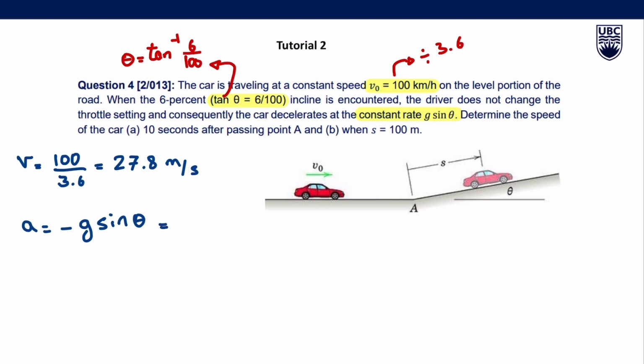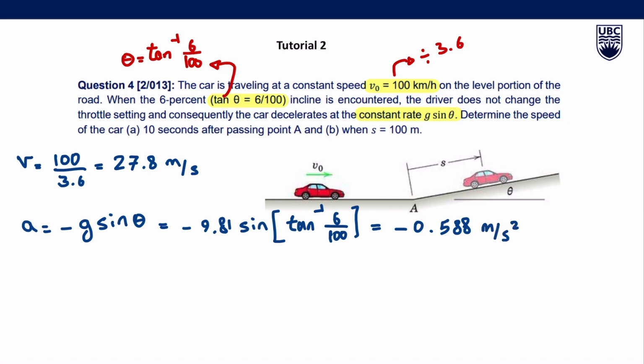So for acceleration, we can write minus 9.81 sine arc tangent of 6%. And if we calculate this, the acceleration will be minus 0.588 meters per second squared. So we just calculated the acceleration.